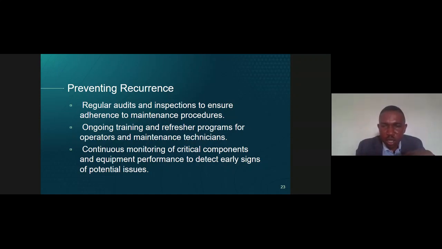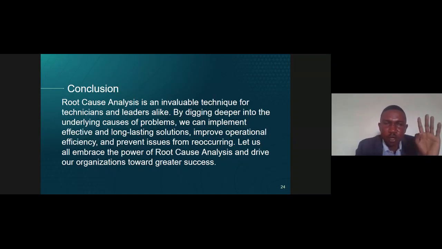Then there was continuous monitoring of critical equipment to ensure that there is no failure, and to detect any failure at an early stage. So this is what the leaders in the maintenance organization were able to implement to avoid that failure. So in a nutshell, what are we trying to say about root cause analysis? Root cause analysis is very, very important.